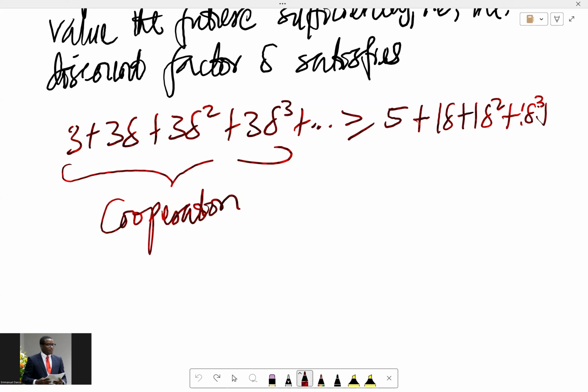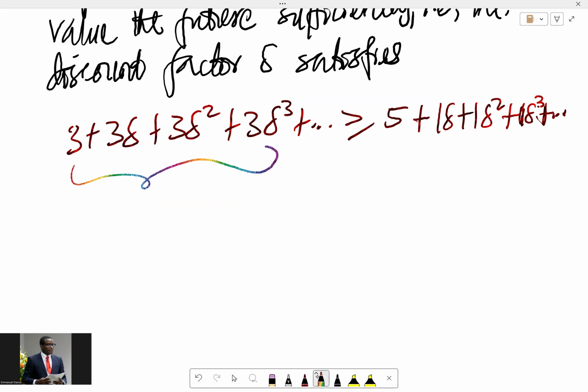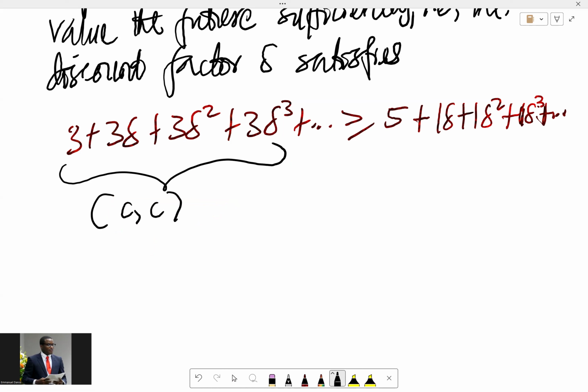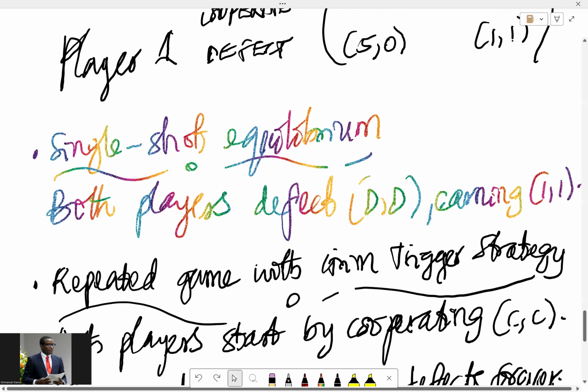I guess I'm worrying too much, right? 1 plus delta cube plus all this. So as you can see, this corresponds to both cooperating.